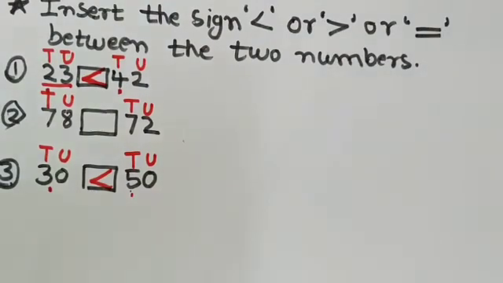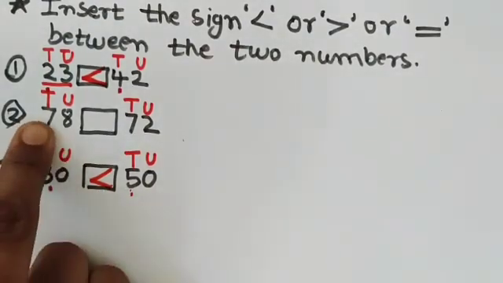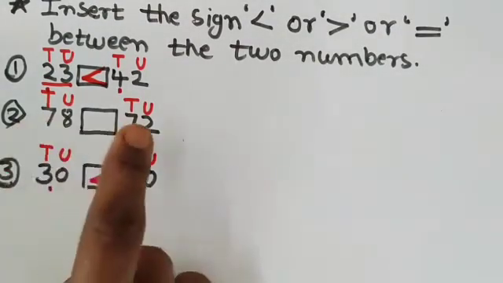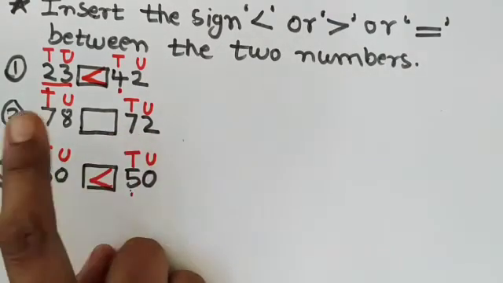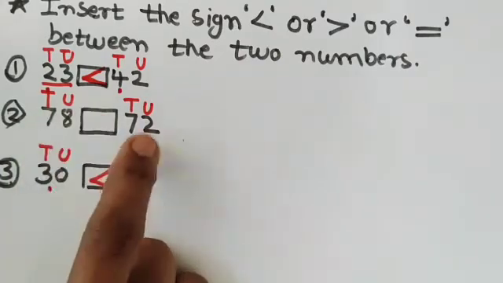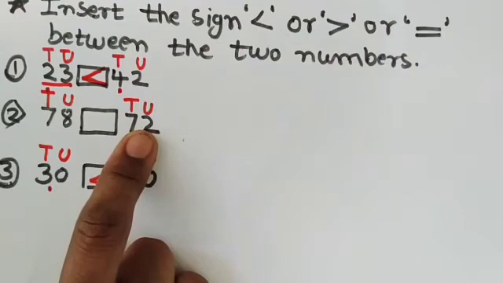So how will we check, children? Yes, by seeing the greater tens. Here at tens place we have 7 and here also at tens place we have 7. So are both the numbers equal, children? No. Why?